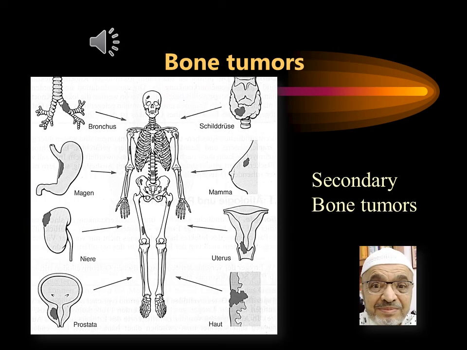Secondary malignant bone tumors can arise from the chest, from the lungs, stomach, kidney, maybe prostate, thyroid, breast cancer, cervical cancer, or maybe from the skin.